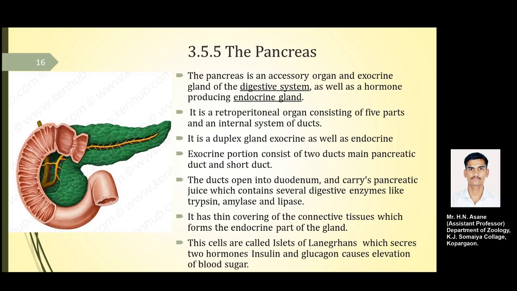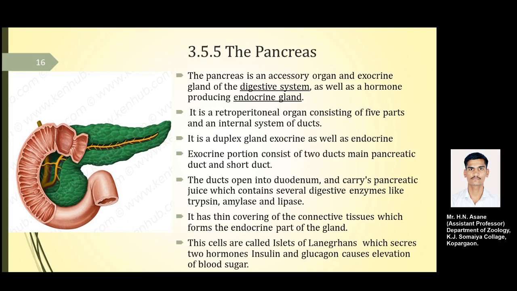As you can see, it is a retroperitoneal organ consisting of 5 parts and an internal system of ducts. It is a duplex gland, which is exocrine as well as endocrine.